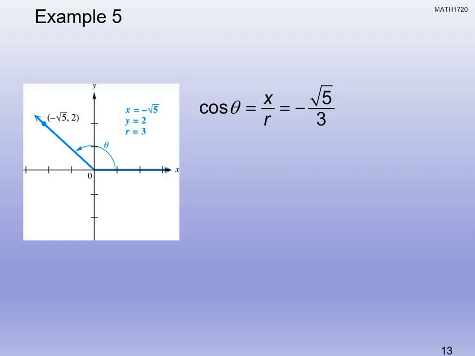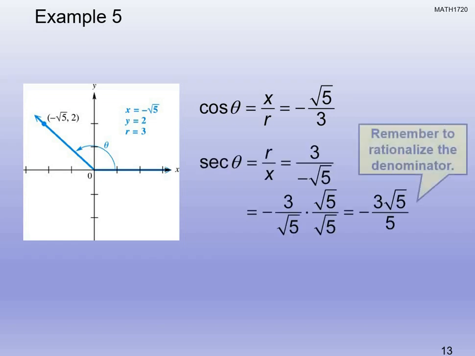Now we know what cosine is because we know what x, y, and r are. We don't even need the picture now. Cosine is x over r. Secant is that flipped, so secant is negative 3 over radical 5, and we have to rationalize the denominator when we do that. I left the steps up there for you to follow.